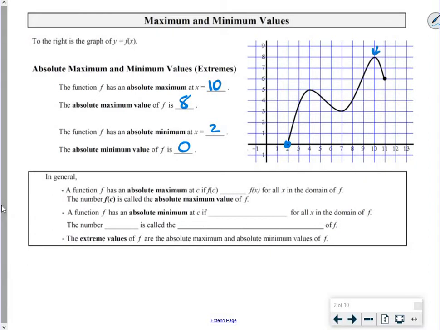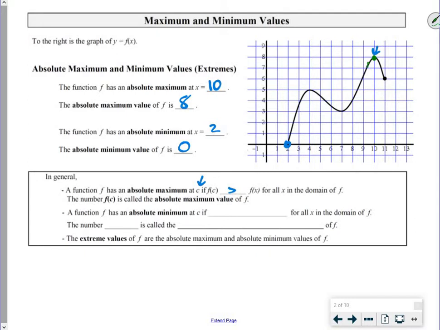In general, a function f has an absolute maximum at c, some x equals c, if f at c is greater than f of x for all x in the domain of f. Basically what that's saying is you found some y value that's the biggest.